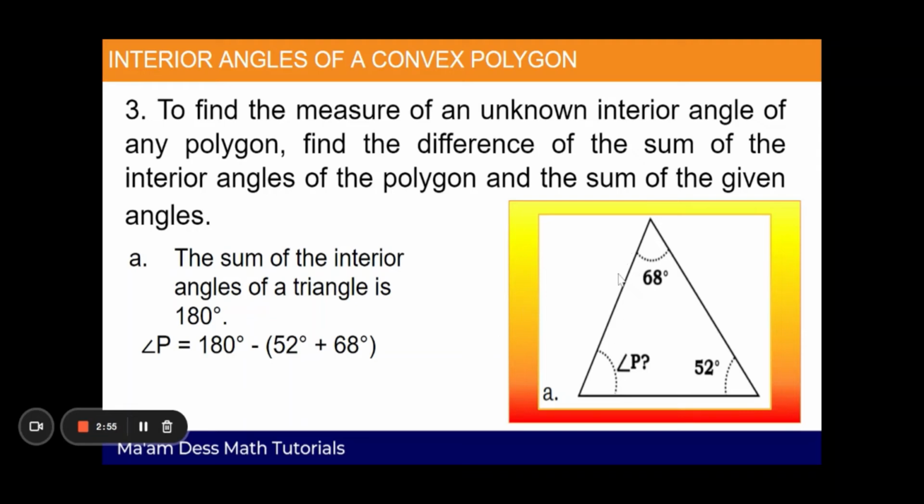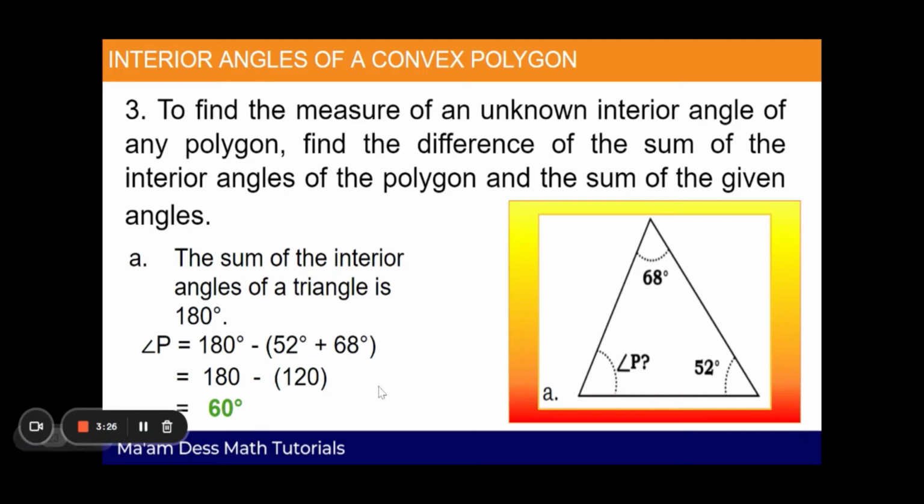So we are missing angle P. From the figure, you have 68 degrees, 52 degrees, and unknown angle P. To get the measure of angle P, subtract from 180 degrees the sum of 52 and 68. So we will have 180 minus 120. And therefore, your answer is 60 degrees. Okay?